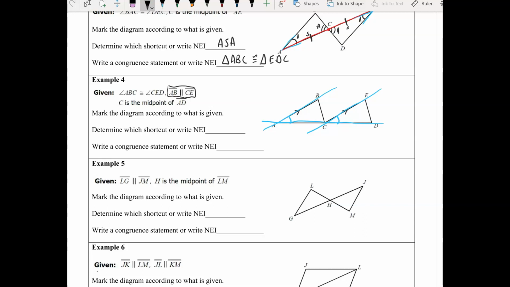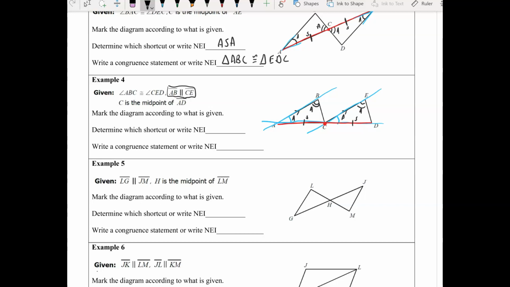Angle ABC is up here. Angle CED is up here. And since C is right in the middle of that whole segment AD, this segment right here, these two are congruent. Now, if we focus on the congruence marks, we've got angle, angle, side, and angle, angle, side.